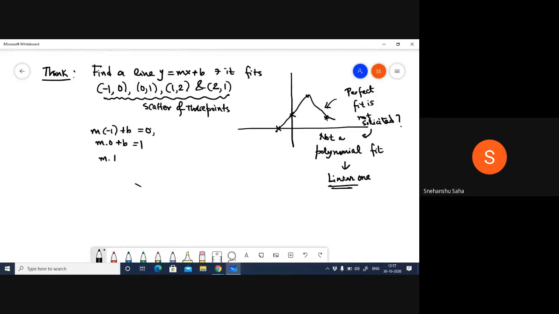And then m times 1 plus b equal to 2. And then m times 2 plus b equal to 1, right? Translate this to a linear system where your unknowns are m and b, right? It's -1, 1, 0, 1, 1, 1, and then 2, and 1, right?